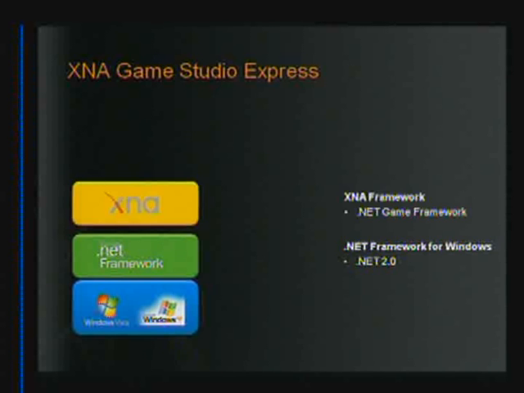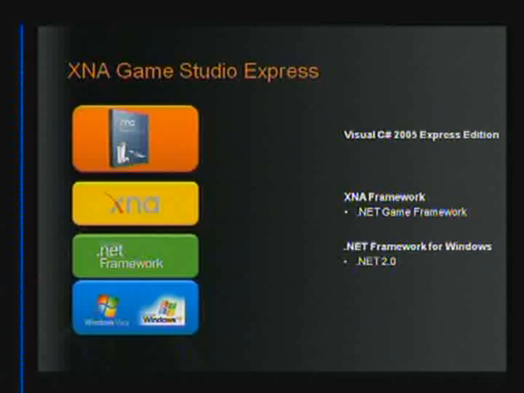On top of the .NET framework, you get the XNA framework. This is a set of additional libraries which gives you new functionalities which you can then use to develop your game. And then we need something to develop our games, which, if you're talking about XNA version 1.5, is Visual C# 2005 Express Edition.